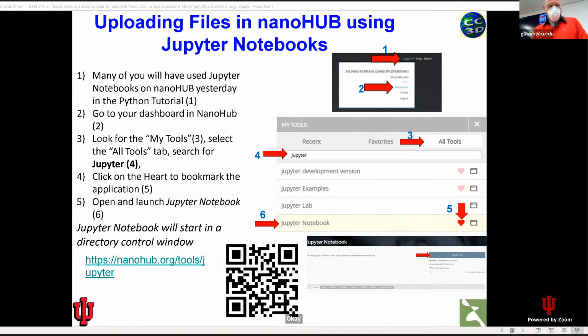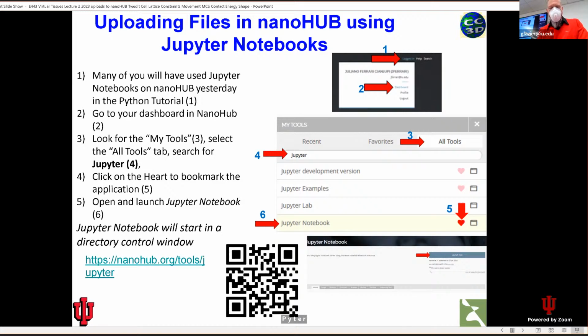Okay, well, for the people who aren't using nanoHUB, I ask your patience for a minute. So what we're going to do is go to the nanoHUB dashboard and launch nanoHUB. Go to your dashboard, go to all tools, and type in Jupyter.